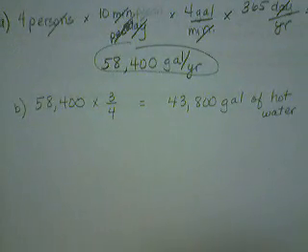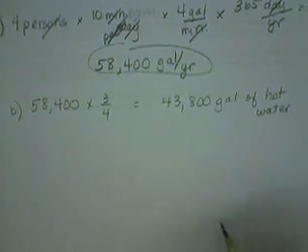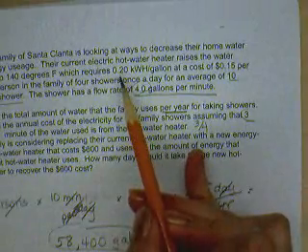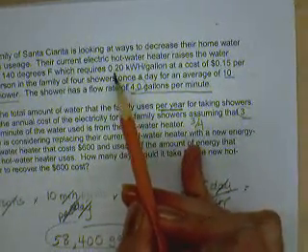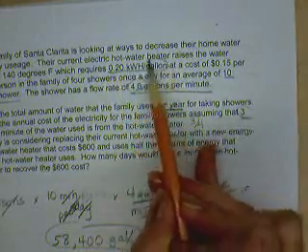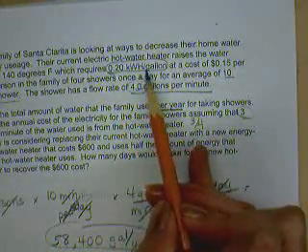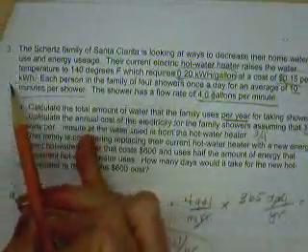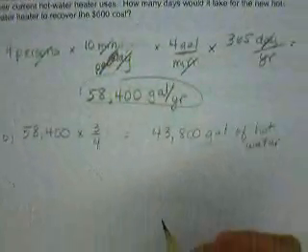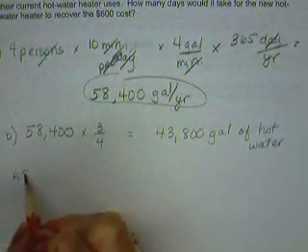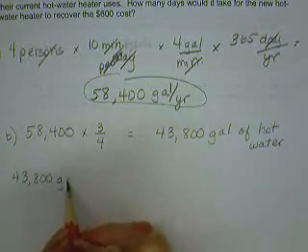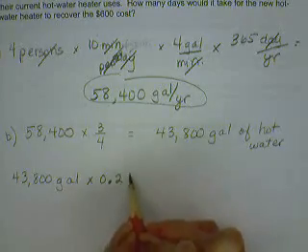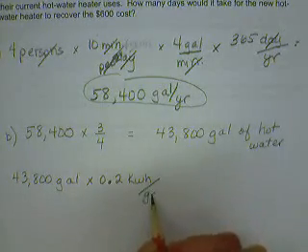So now we're going to find out how much that costs. So we know here that the hot water heater takes 0.2 kilowatt-hours per gallon, and it costs 15 cents per kilowatt-hour. So let's go ahead and take 43,800 gallons times 0.2 kilowatt-hours per gallon.